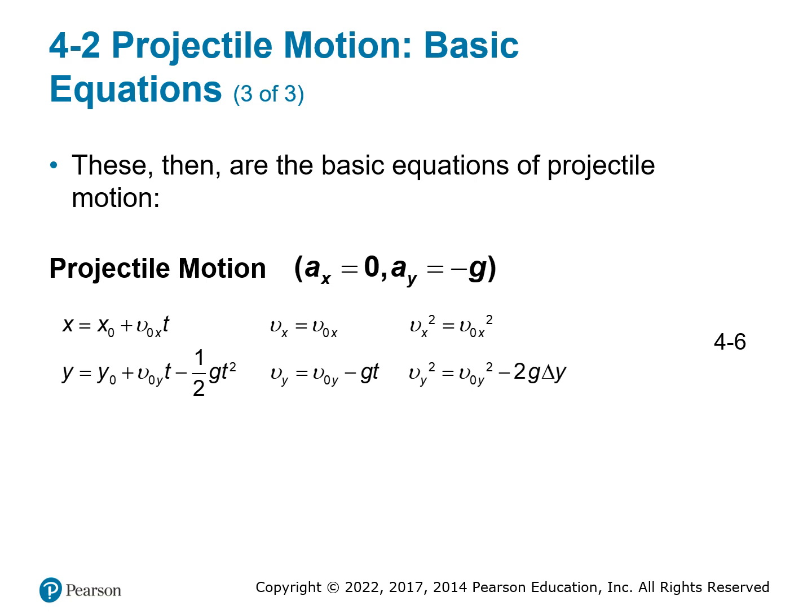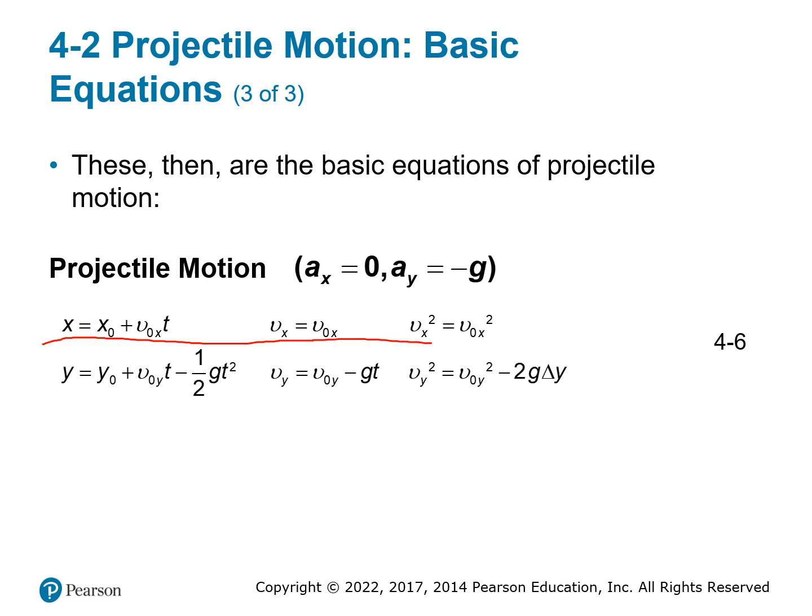Okay, so the basic equations of projectile motion. They are very similar, if not exactly the same, as your basic kinematic formulas. The only thing that is different is that you will definitively see x and y differentiated. So you have your horizontal equations.